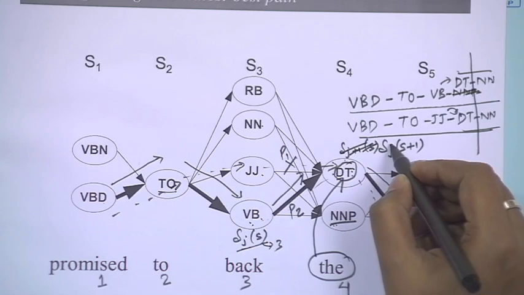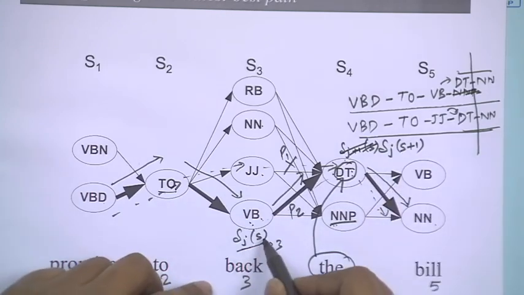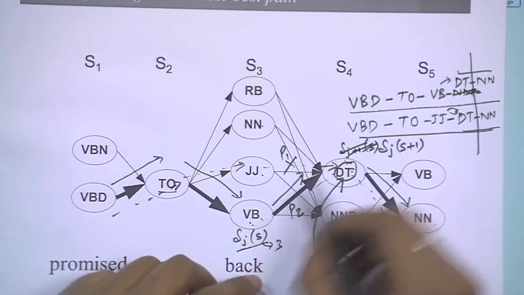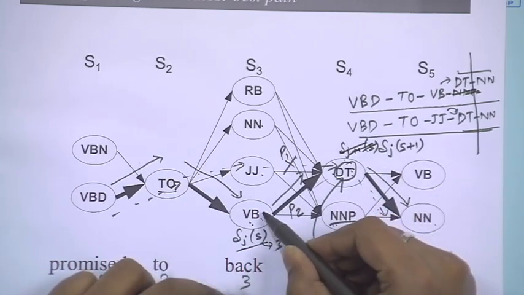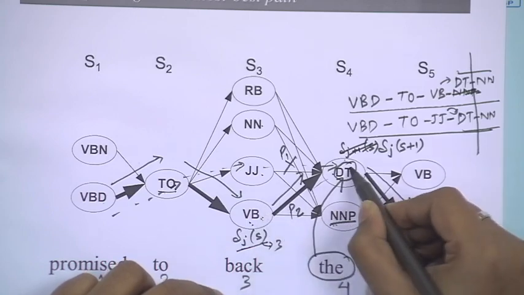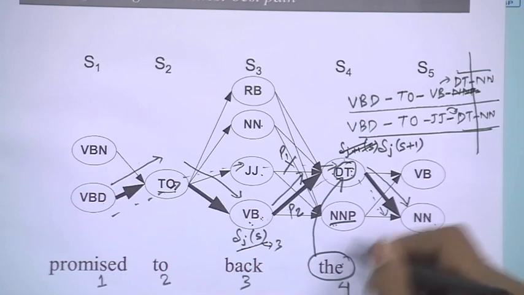I want to find out the probability delta_j. I know the probability at step s. Now what is the additional information? The transition from this state to this state, and the emission probability of this word given this state.